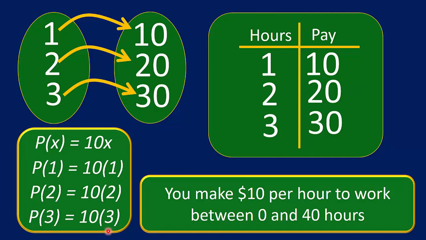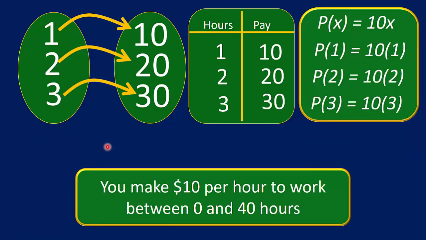And we would have the terms defined. This right here, the x, is called the independent variable. The P of x, all of this, is the dependent variable. This pay depends on the number of hours you work. So we talk about this part over here. We've got this function represented different ways. The input we describe as the domain of the function.